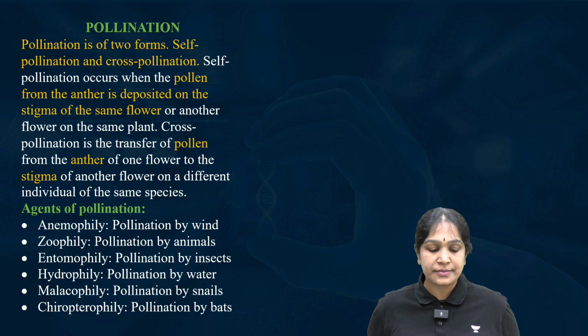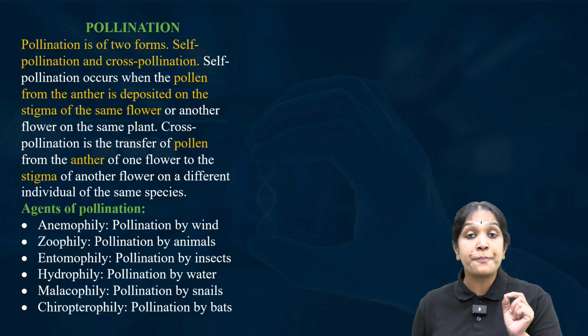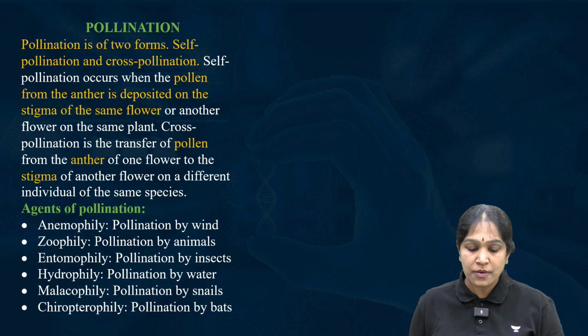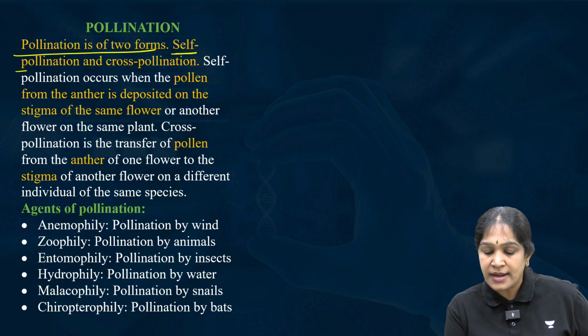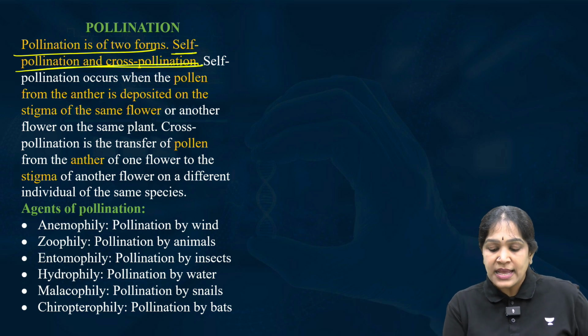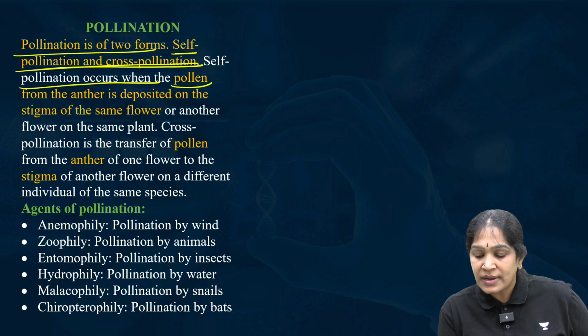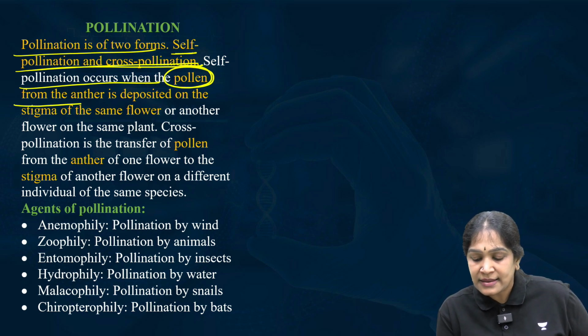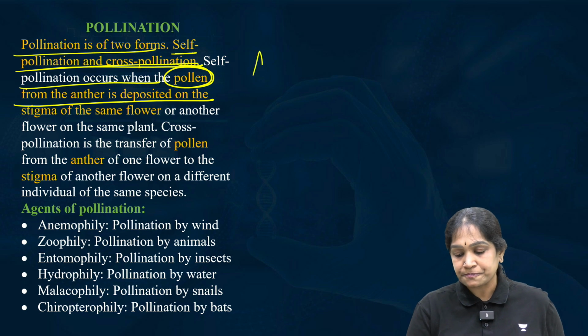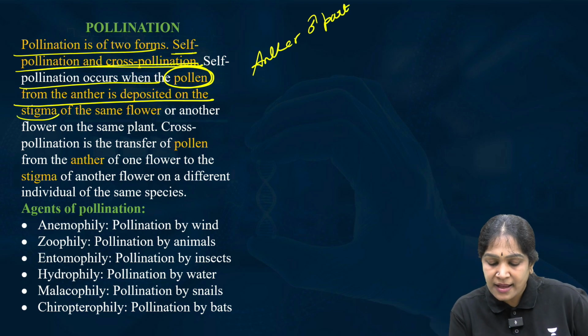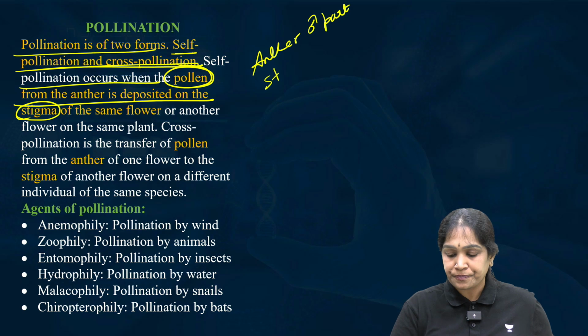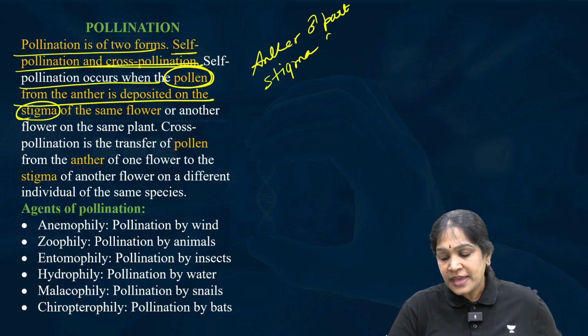What is pollination? Pollination is reproduction in the plants. Pollination is of two types, self-pollination and cross-pollination. Anther is the male part of the flower, and stigma is the female part of the flower.